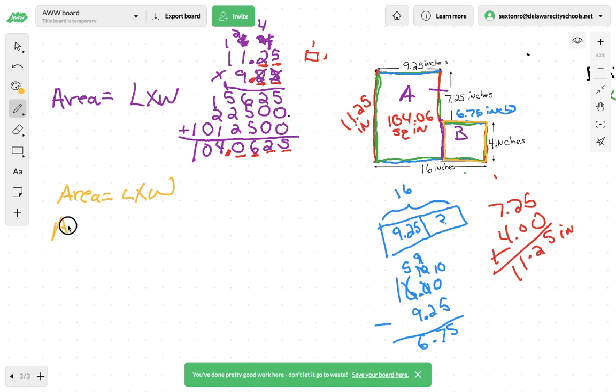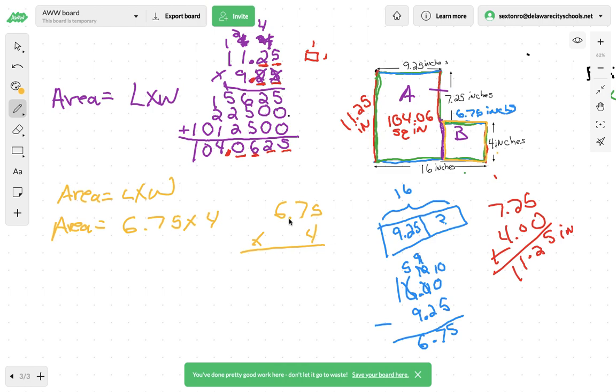So my area of B is going to be 6.75 inches times 4 inches. And there's nothing for it but to do it. Let's go 6.75 times 4. Let's see what we got.